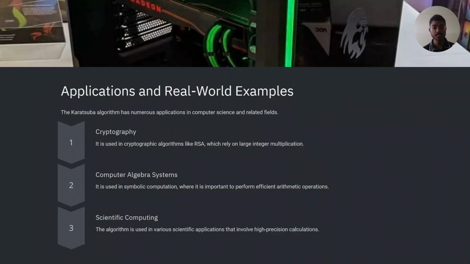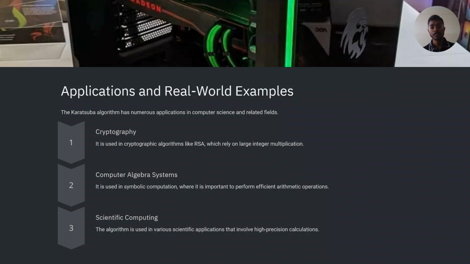Then let us look at applications and real world examples. The Karatsuba algorithm has numerous applications in computer science fields. It can be used in cryptography, in computer algebra systems, and in scientific computing.